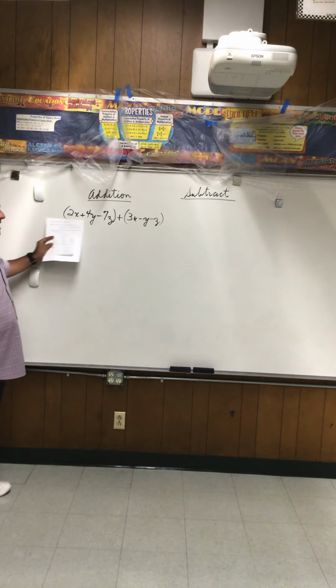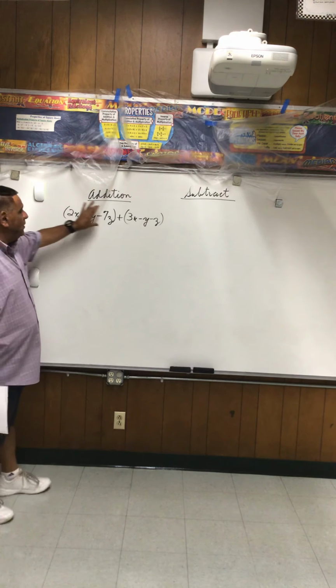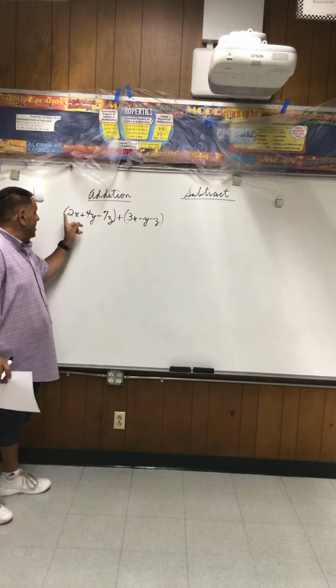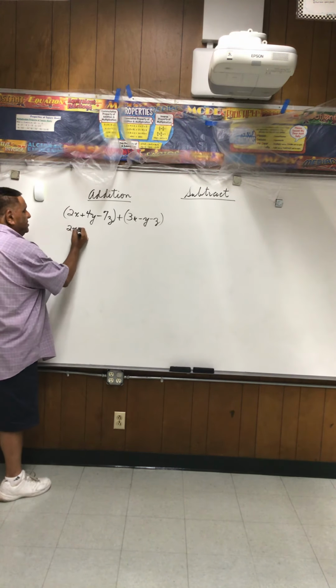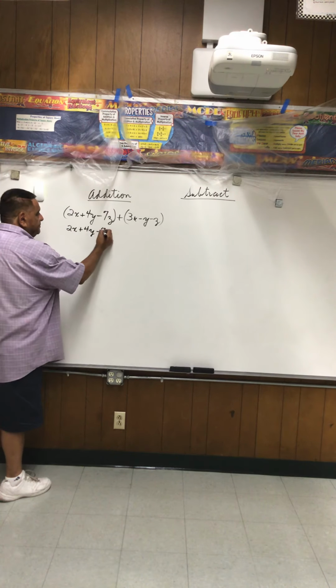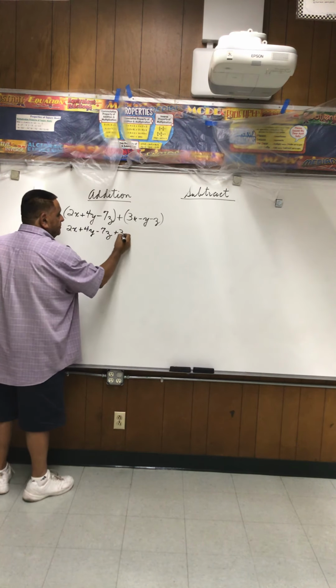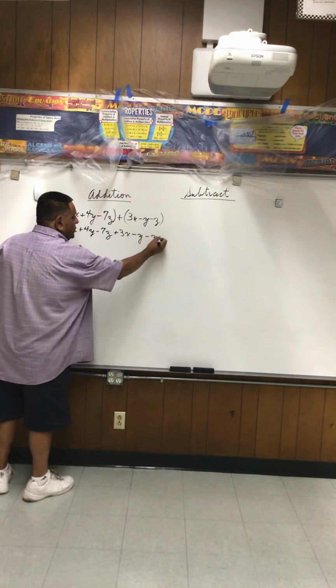Okay. In addition, with parentheses, as long as it's addition, no sign in front of it, or an addition sign, I can drop all the parentheses and just rewrite the problem. Notice I didn't change any sign.